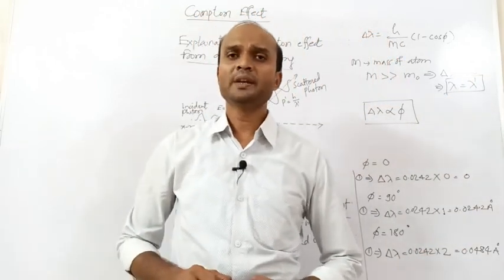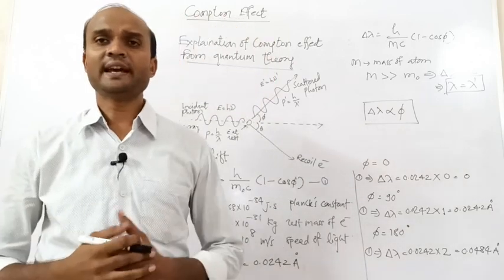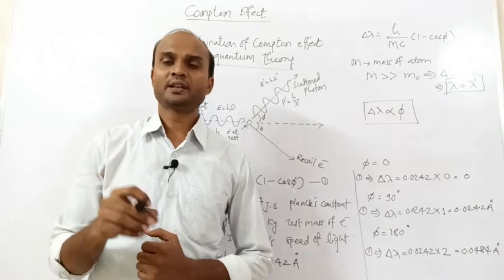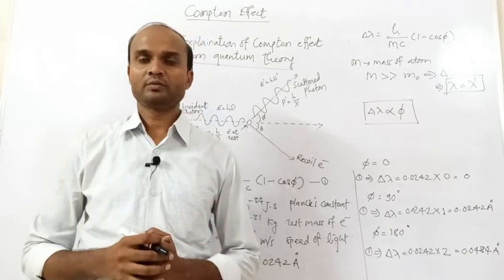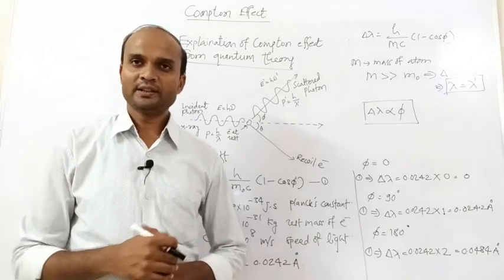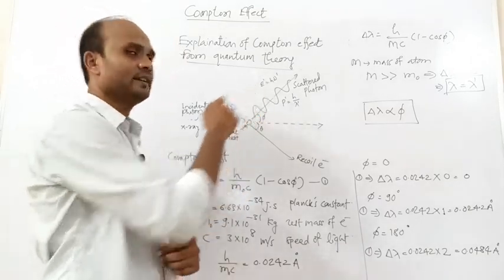So we can say that when the incident photon interacts with a loosely bound electron present in the outermost orbit, we get a longer wavelength, because that photon will get scattered.